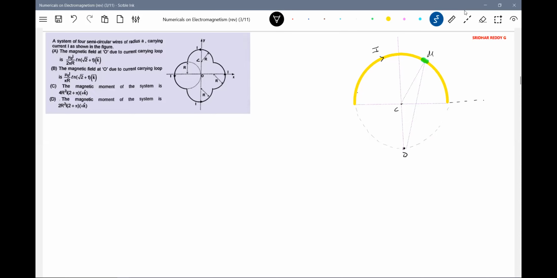So this will be dl, you write it: dl equal to R d theta.